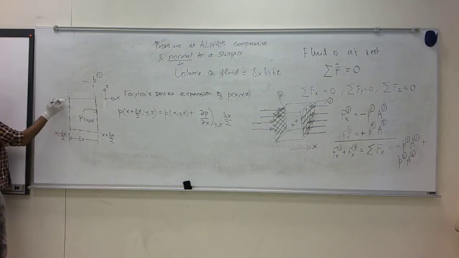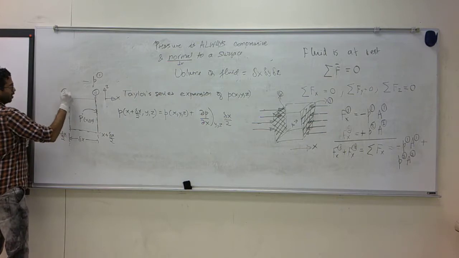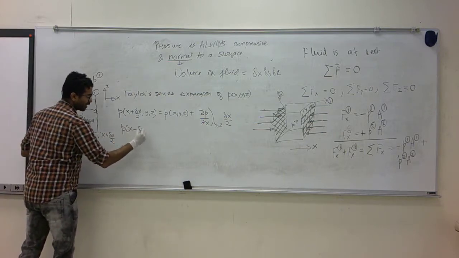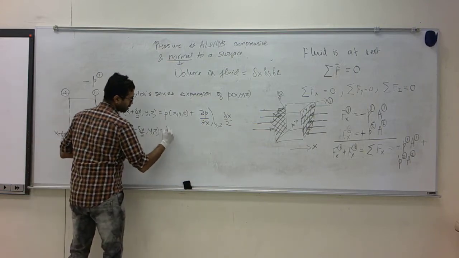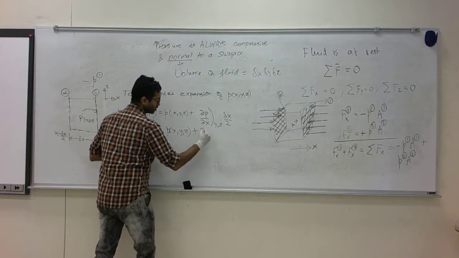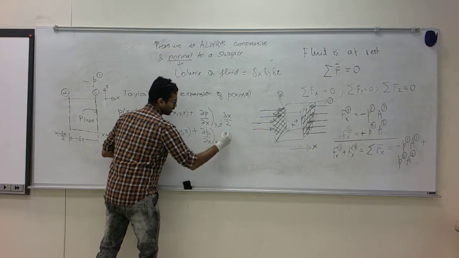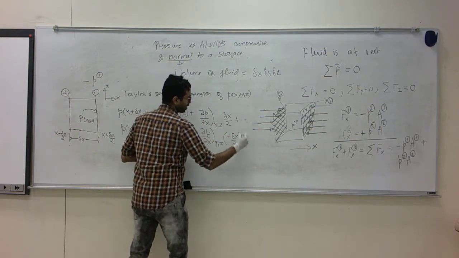Same way, the pressure on the other face, this is what we call phase 1 and this is what we call phase 2. The pressure on phase 2, at x minus delta x over 2, comma y comma z, is the pressure at xyz minus or plus the rate of change of pressure with respect to x times minus delta x over 2, plus higher order terms.